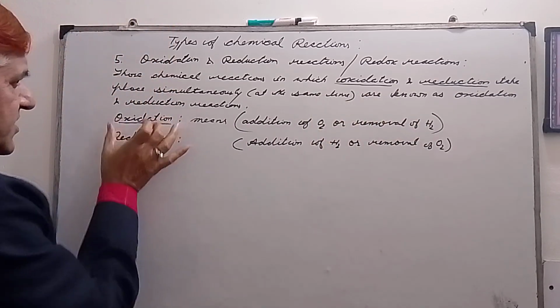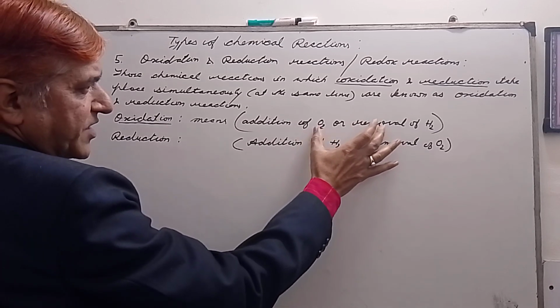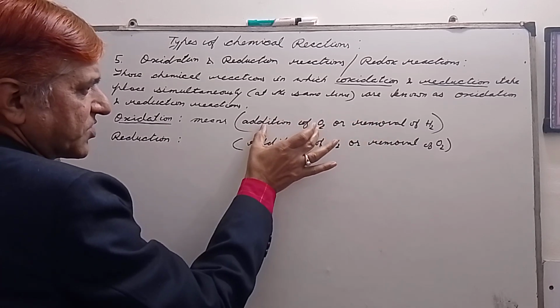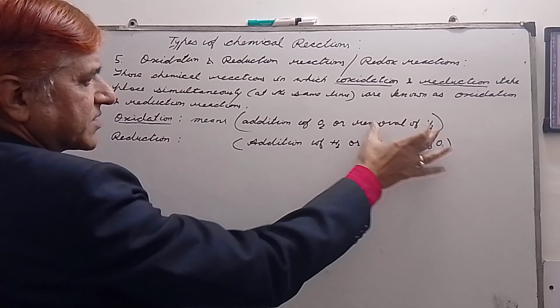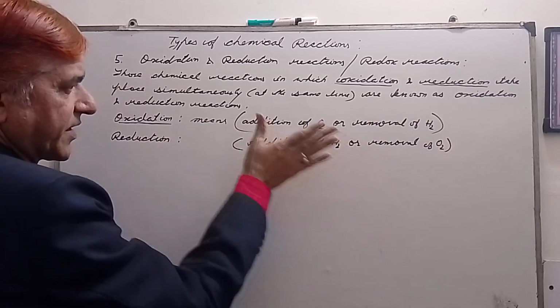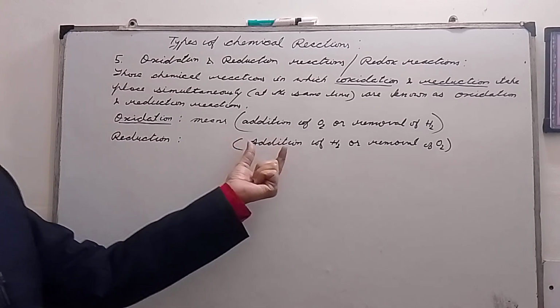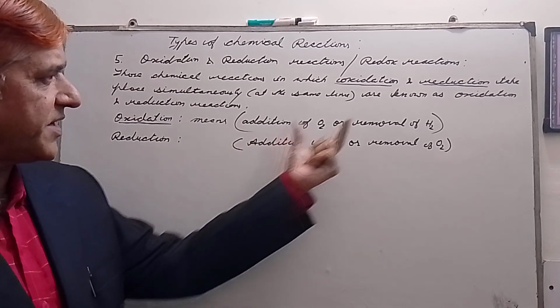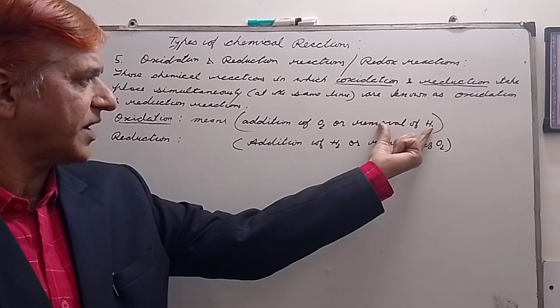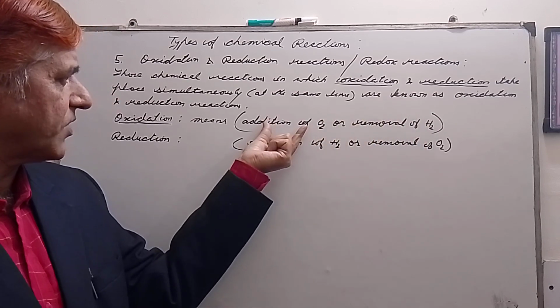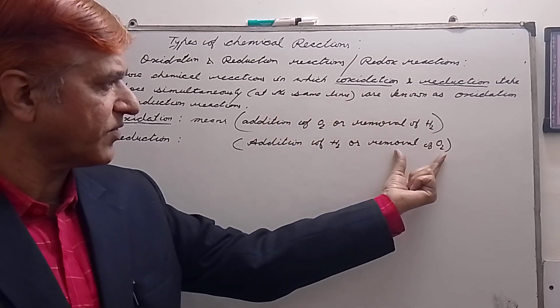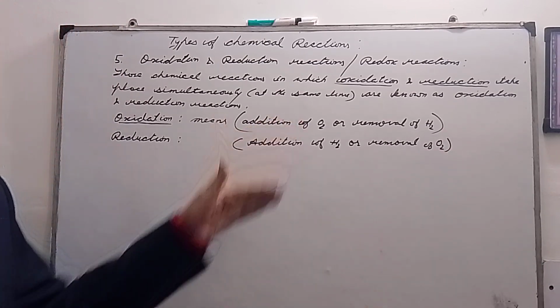So in oxidation, two things are involved: addition of oxygen or removal of hydrogen. And reduction is the opposite of oxidation. Here addition of oxygen, here removal of oxygen. So these reactions are opposite to each other.